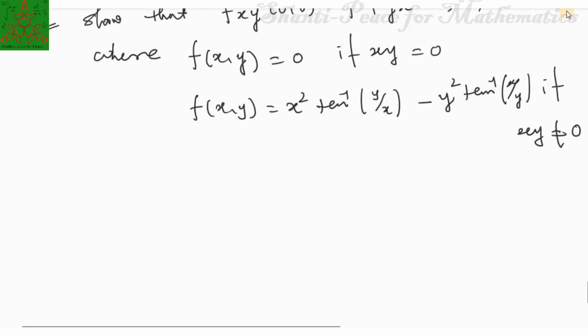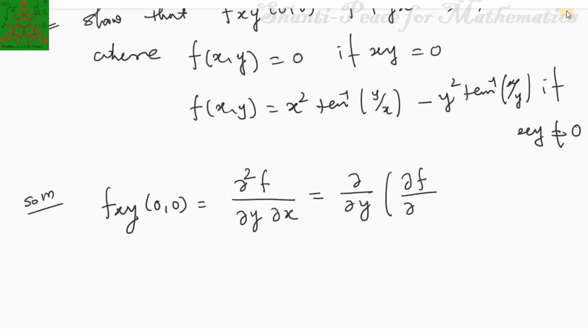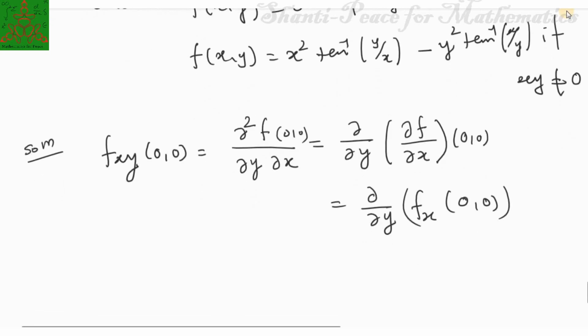In a similar way, let us calculate what will be fxy at (0, 0). As per the definition, it is del square f upon del y del x, and that is del by del y of del f by del x at the point (0, 0). So this is nothing but del by del y of fx at the point (0, 0). So what will be fx at the point (0, 0)?